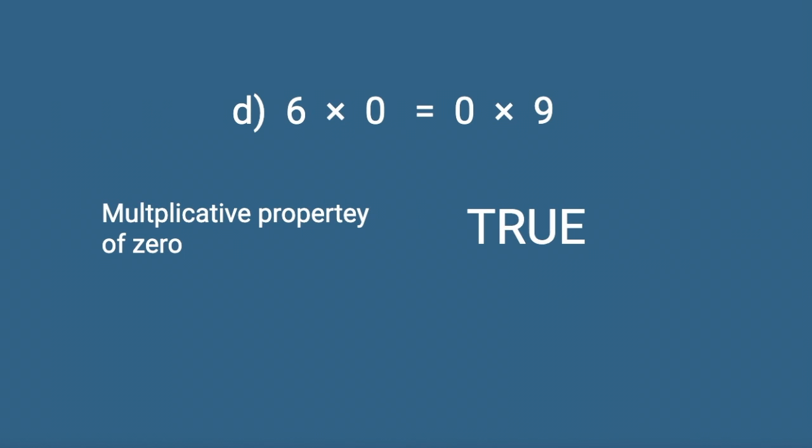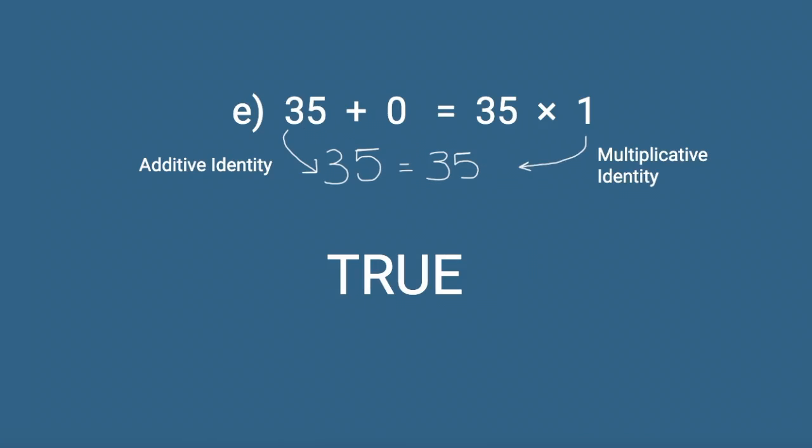B. 6 times 0 equals 0 times 9. Because of the multiplicative property of 0, 6 times 0 is 0. 0 times 9 is 0. So they're both equal. This is true. E. Okay. We would get 35 with the additive identity if you still need that. I think this is pretty easy.